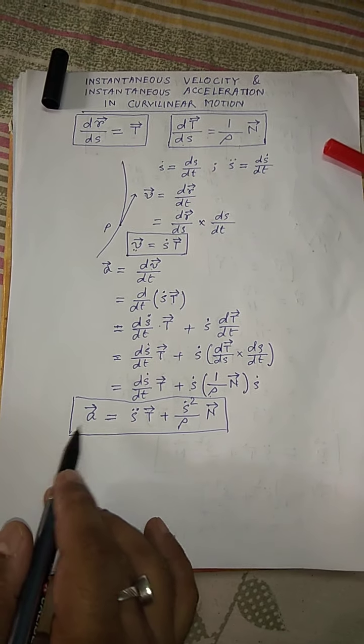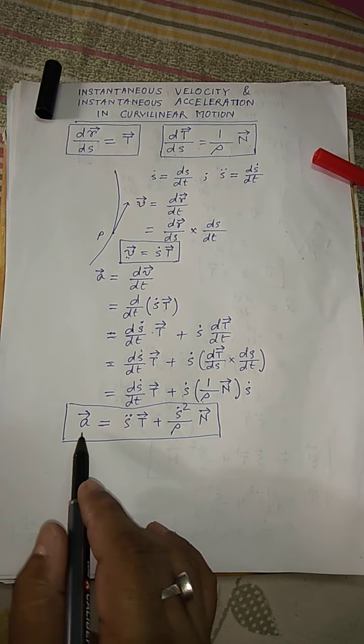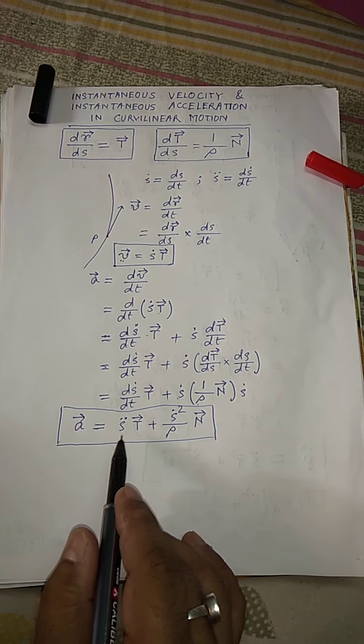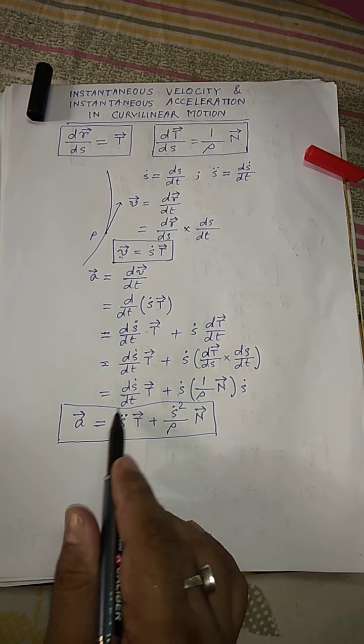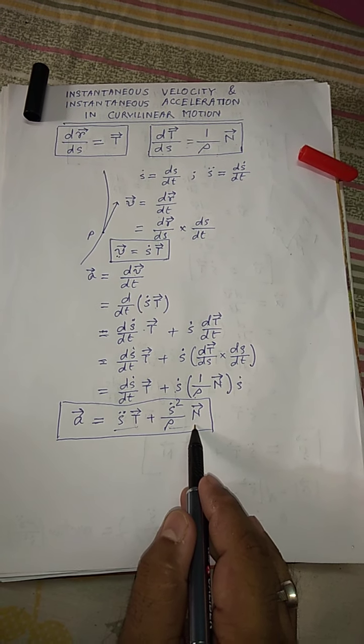Now let's analyze this instantaneous acceleration of the particle. We see that the instantaneous acceleration of the particle is the vector sum of two vectors. One is the tangential acceleration of the particle, and the other is the normal acceleration of the particle.